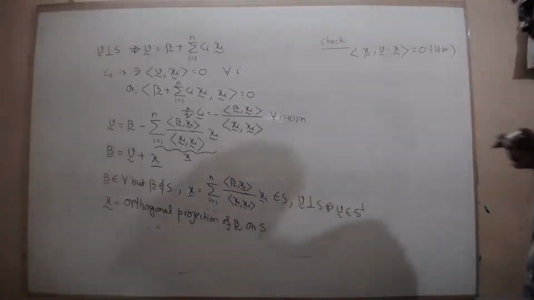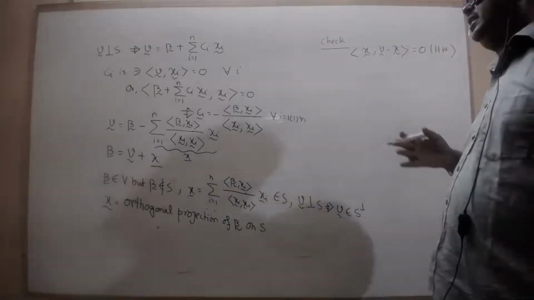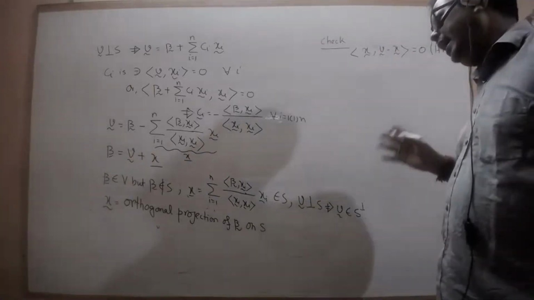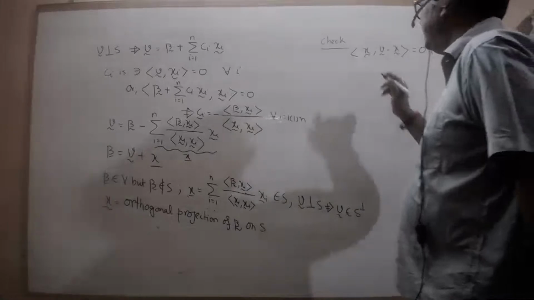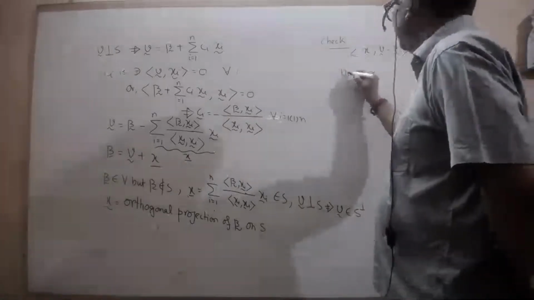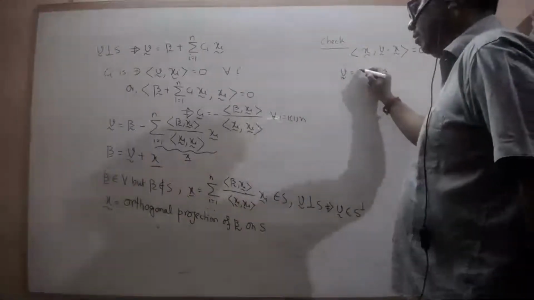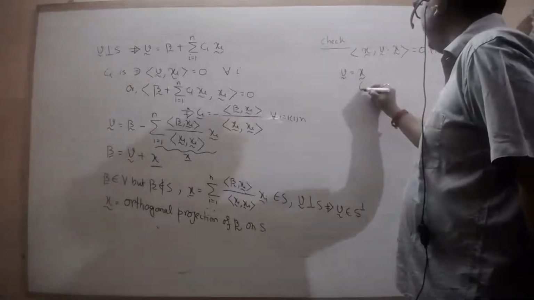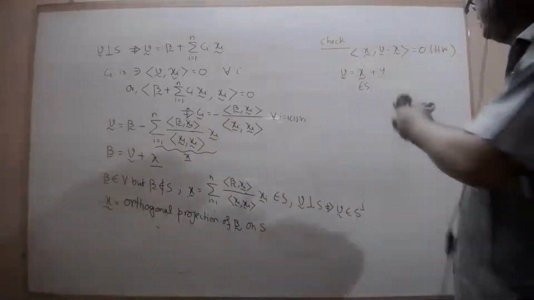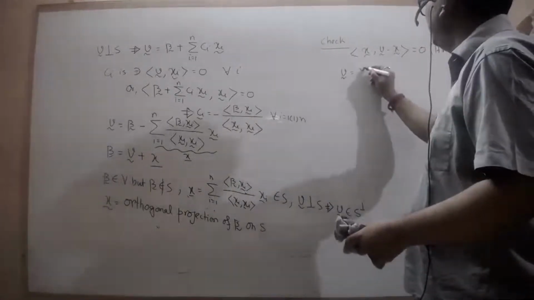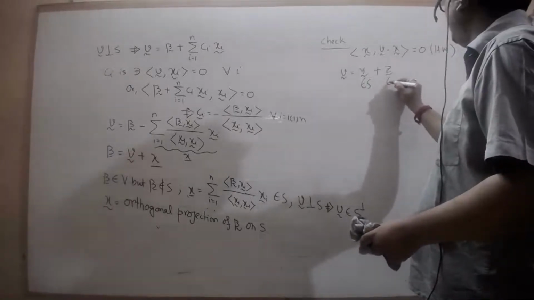Now, we already see that for a given S, you get a complementary space of S, and for each complementary space, you can decompose V curve by two vectors, one belonging to S and another belonging to Y curve.